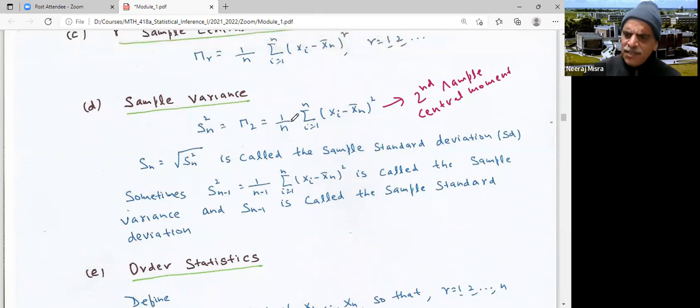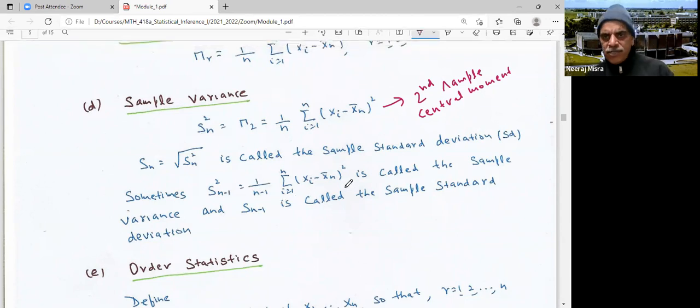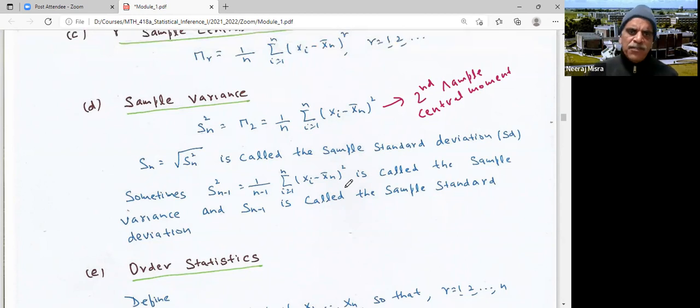And there is a reason for that, because to make an unbiased estimator of the population variance, I need a multiplier of 1 upon n minus 1, not 1 by n. So sometimes S_{n-1} square, which is 1 upon n minus 1, summation (xi minus x bar n) whole square, would be called the sample variance. And S_{n-1}, which is the square root of S_{n-1} square, will be called the sample standard deviation.